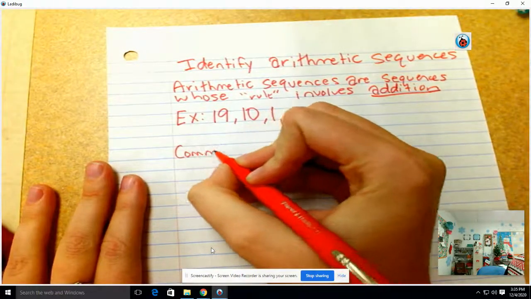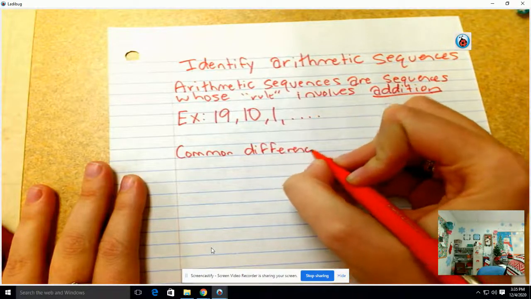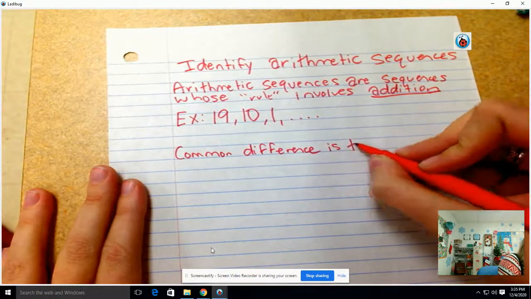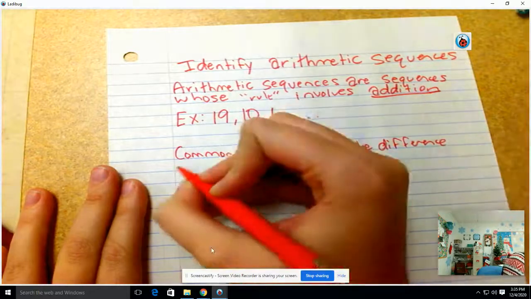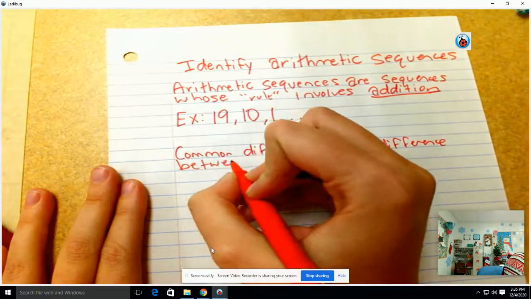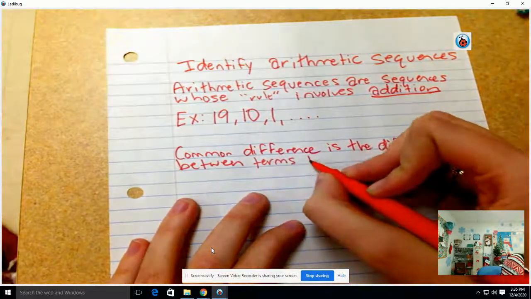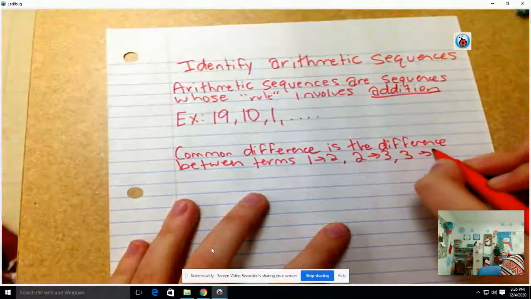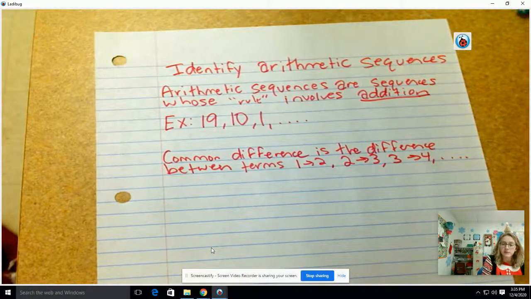So a common difference is the difference between terms 1 to 2, 2 to 3, 3 to 4, so on and so forth. So in order to be an arithmetic sequence, you have to have a common difference between each of your terms.